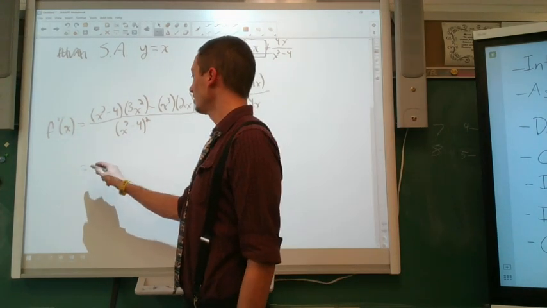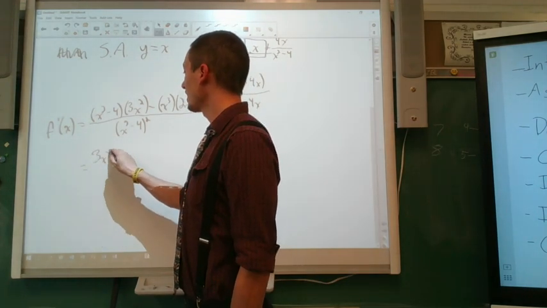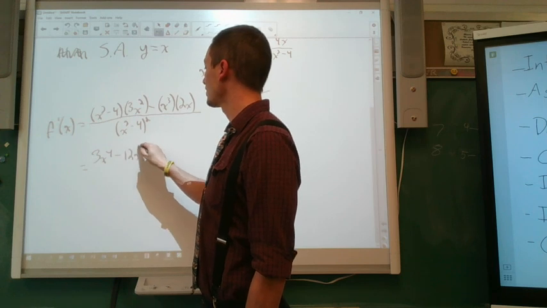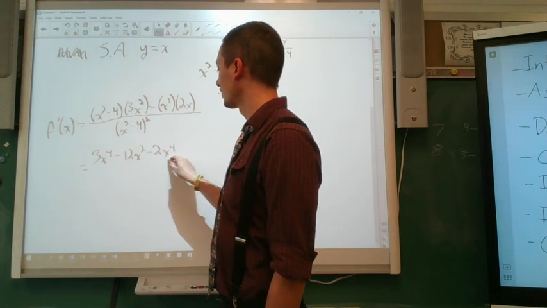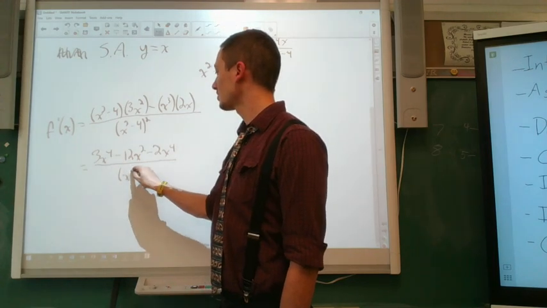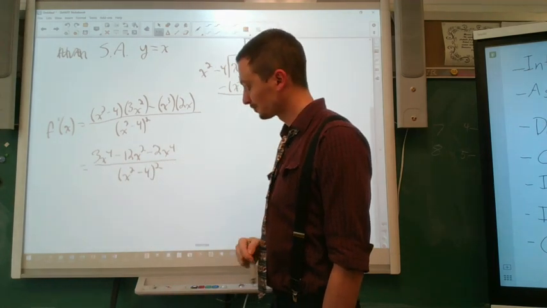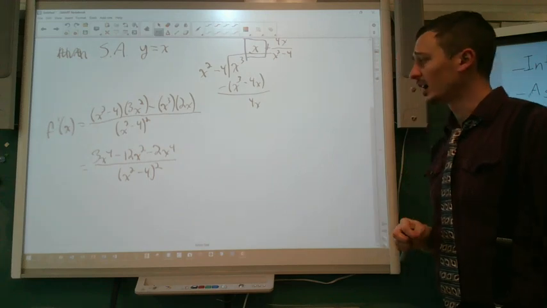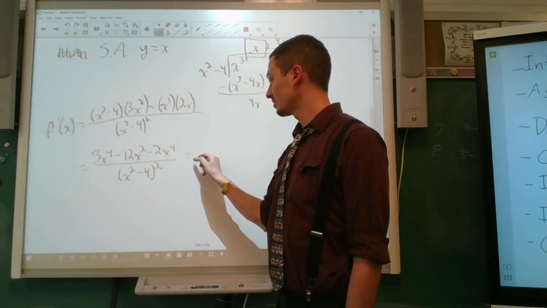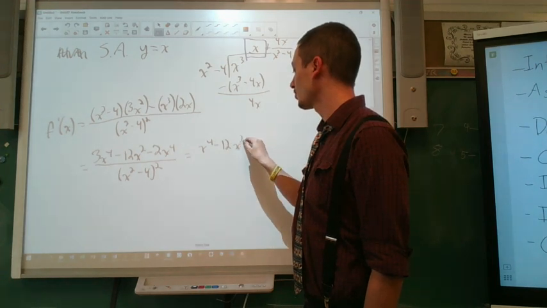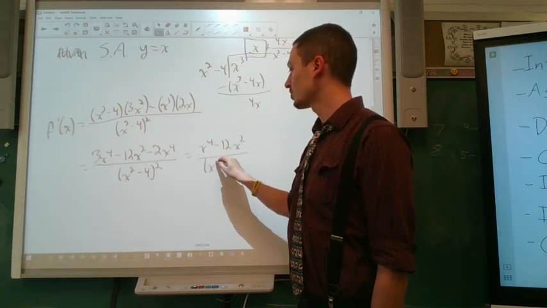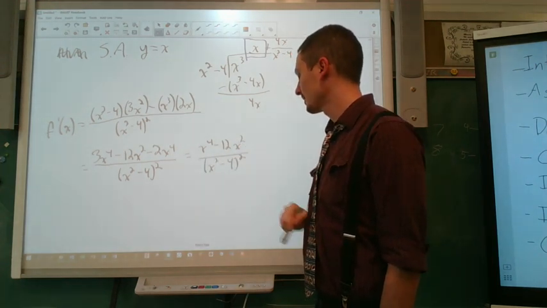Some distribution. 3x to the 4th minus 12x squared minus 2x to the 4th over x squared minus 4 squared. Some cancellations, and we get x to the 4th minus 12x squared over x squared minus 4 squared.